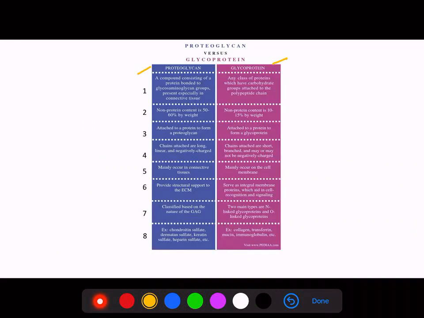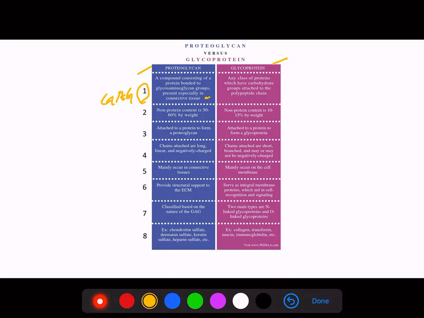They are comparing them. Let's see a couple of them. Proteoglycan is a compound consisting of, I'm reading number 1 now, protein bonded to glycosaminoglycan, that is GAG, groups. Present especially in connective tissue.